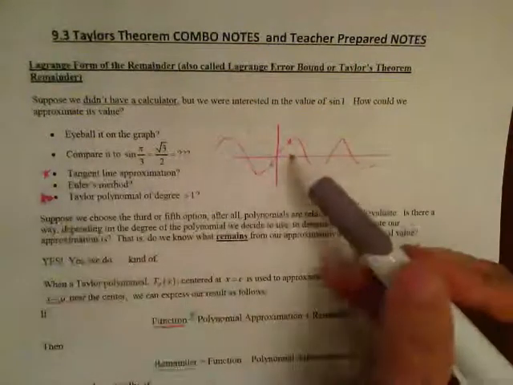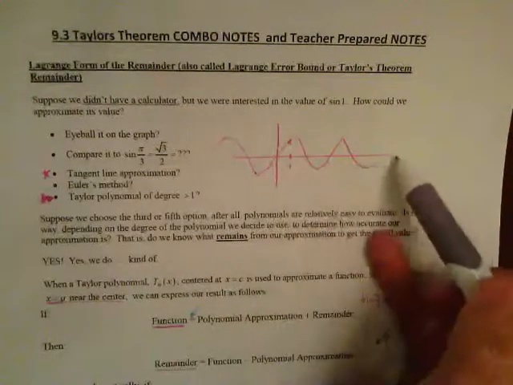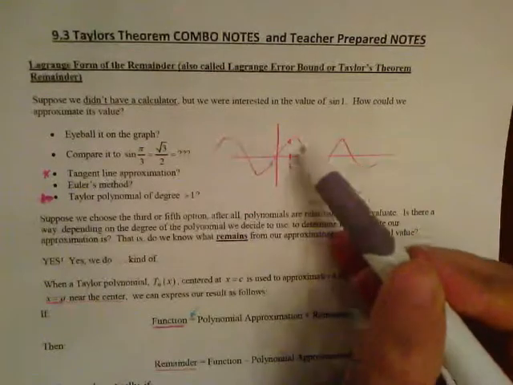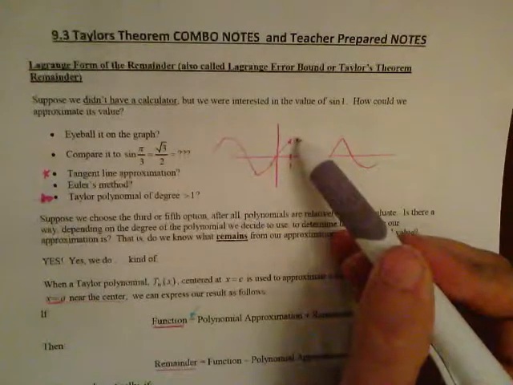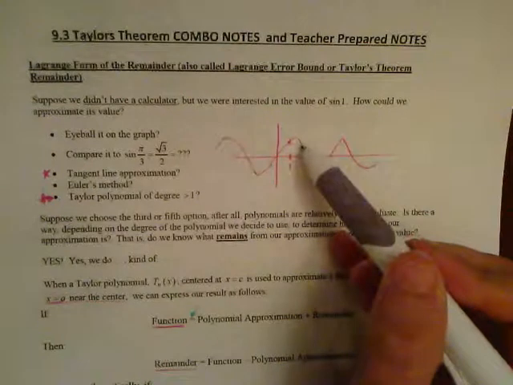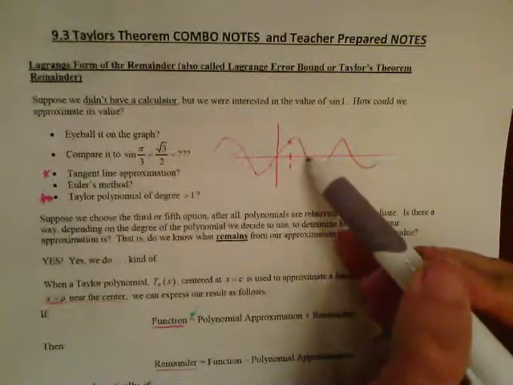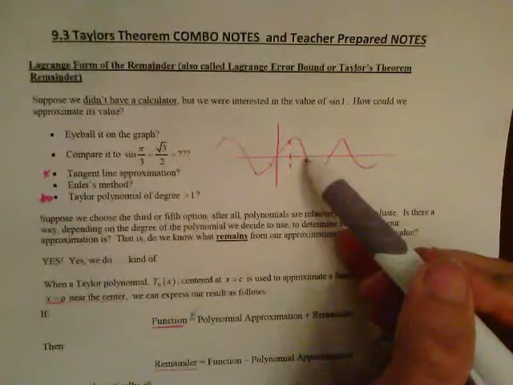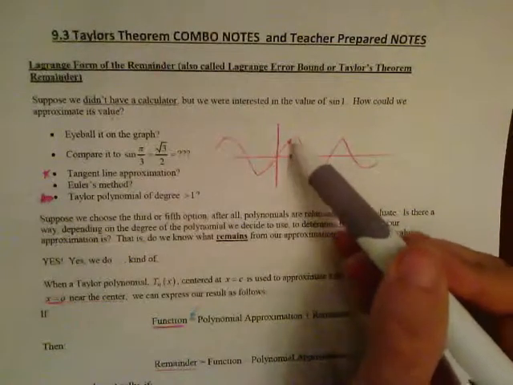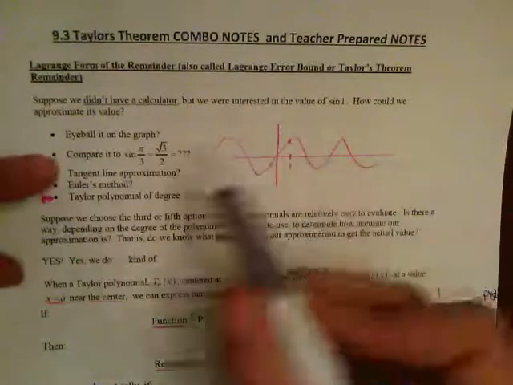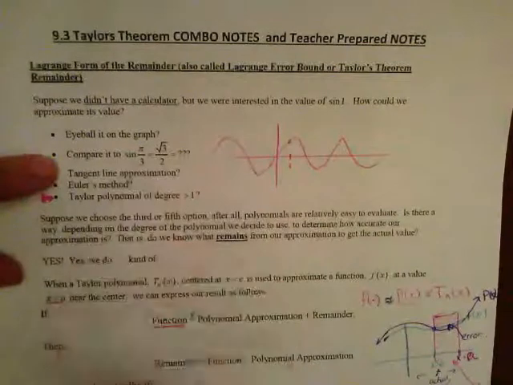You can either eyeball the graph. Here's my sine function, here's 1. We've got our pi over 2 right here, so maybe there's 1 right there. We can compare it to something that is close, which is sine of pi over 3.